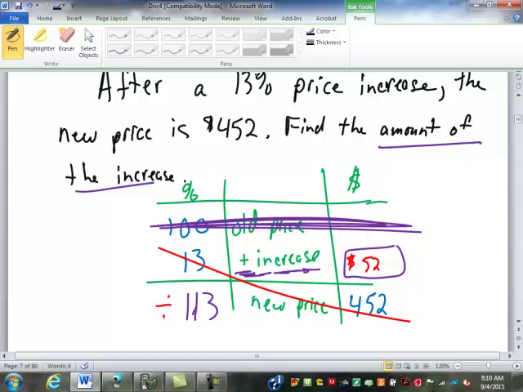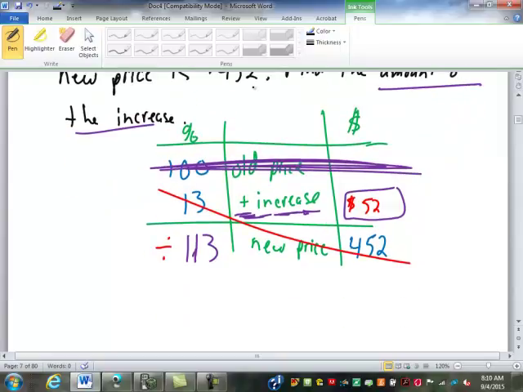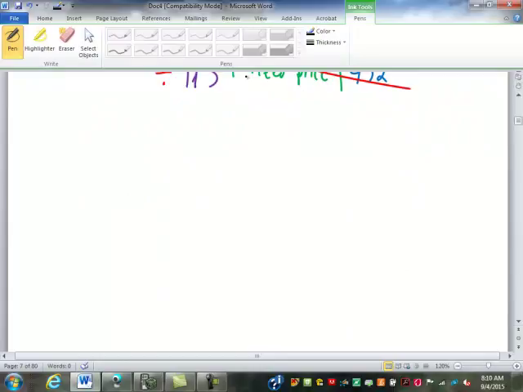We'll try to get some time in the second hour to do some more examples of the increase and decrease problems like this. For right now, I'm going to have you, this is in the big book, look at page 171.